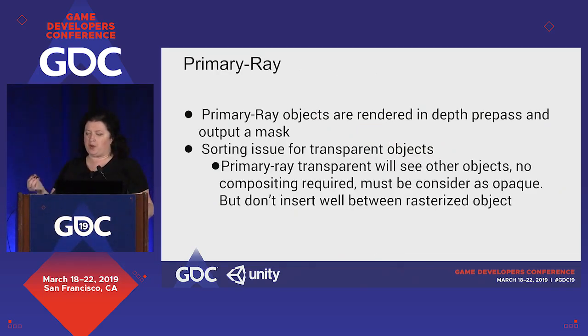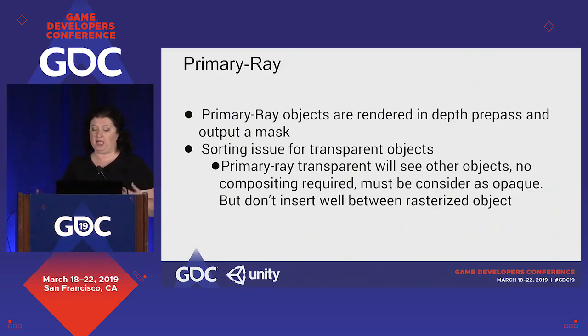So when we use primary visibility ray rendering, it's very similar to opaque objects. They're rendered in depth pre-pass output and mask, like I said. If the transparent object is not registered in the acceleration structure, it doesn't have the ability to appear in our reflection. So what we do is we treat the primary visibility object as an opaque object for intents and purposes of that.